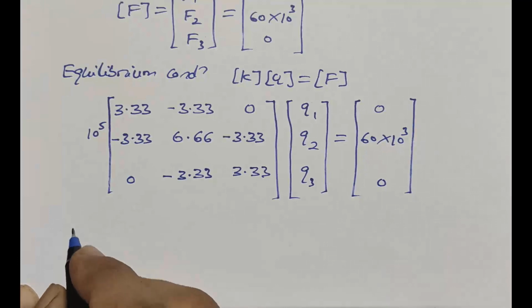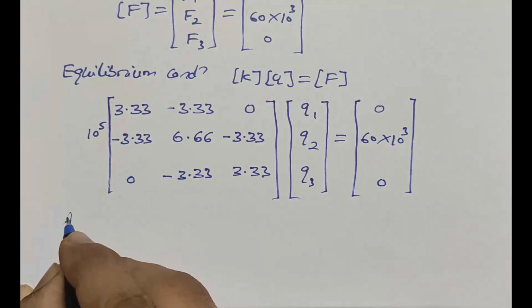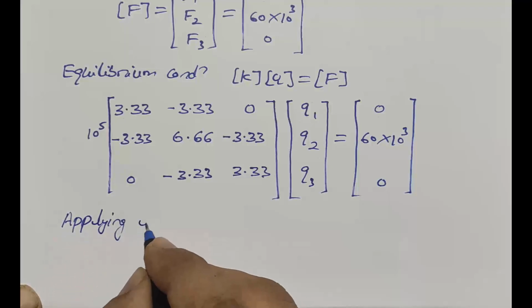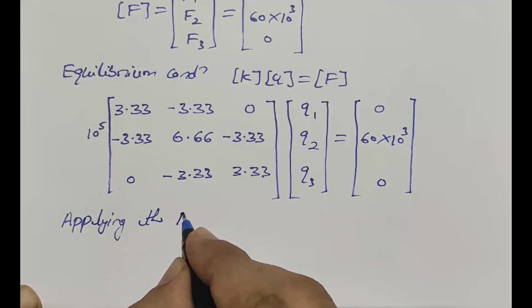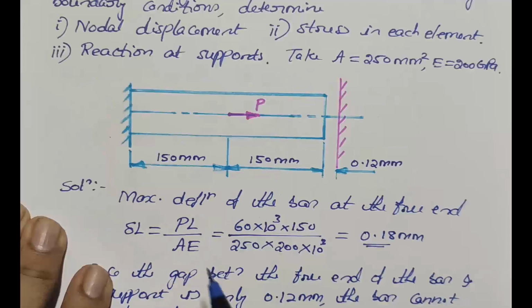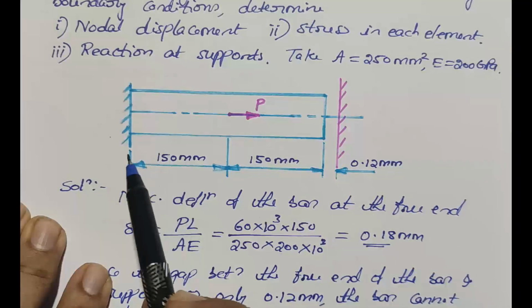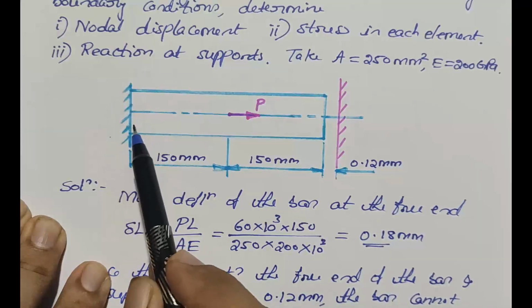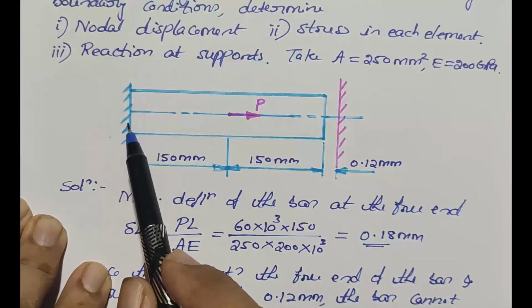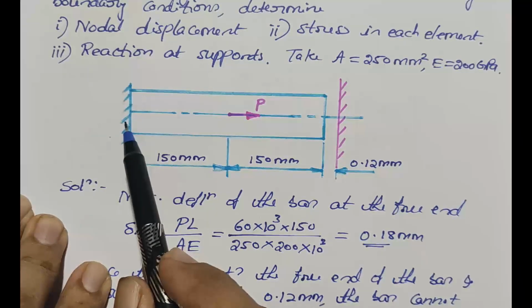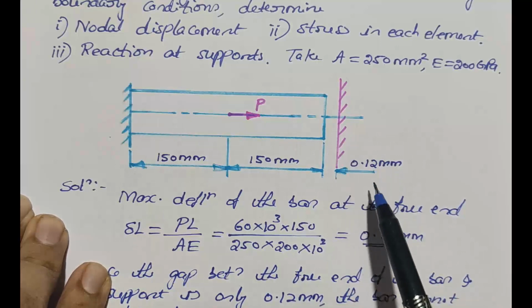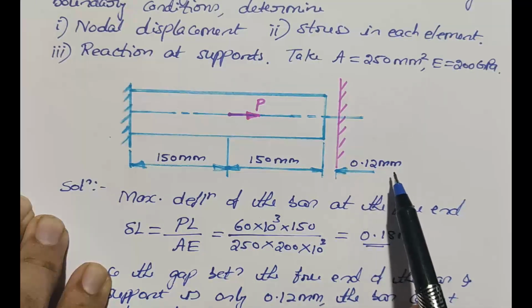Next is applying the boundary condition. See the figure here. One end of the bar is fixed, which means the displacement here will be equal to 0, that is Q1 will be equal to 0, and here the displacement will be equal to 0.12 mm.